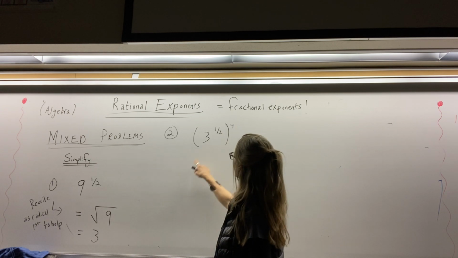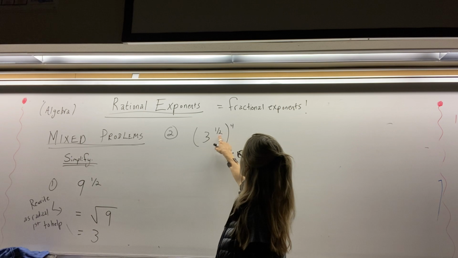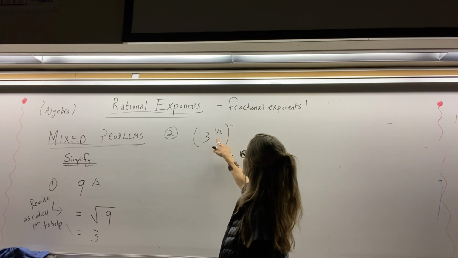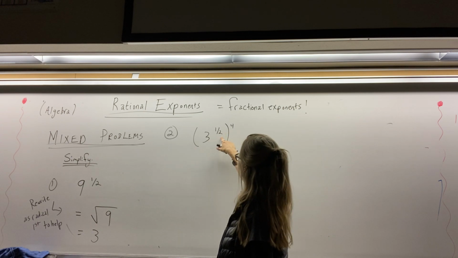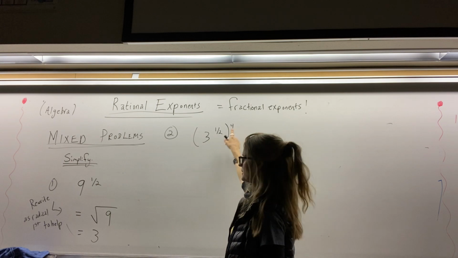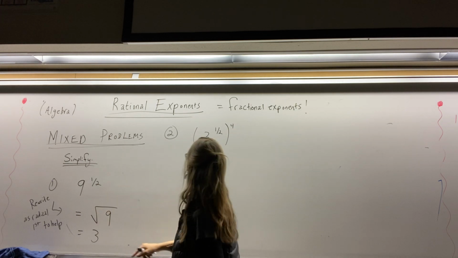So what's really handy about having rational exponential form is that you could apply your rules easier, which is not as easy to see with radicals.